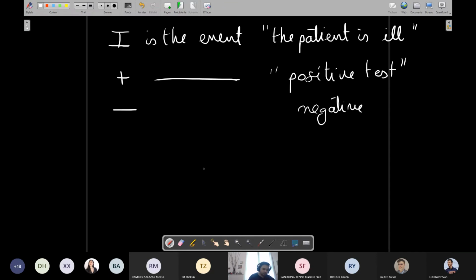We have the following information. We know that the probability that the person is ill is 1/1000. That's the probability for a person to be ill from this disease.